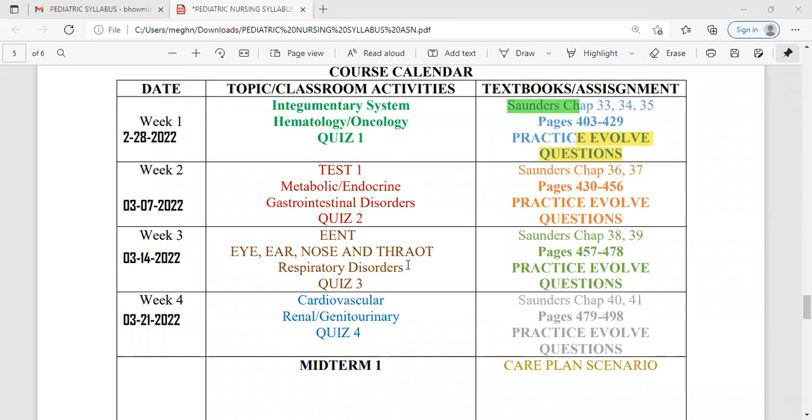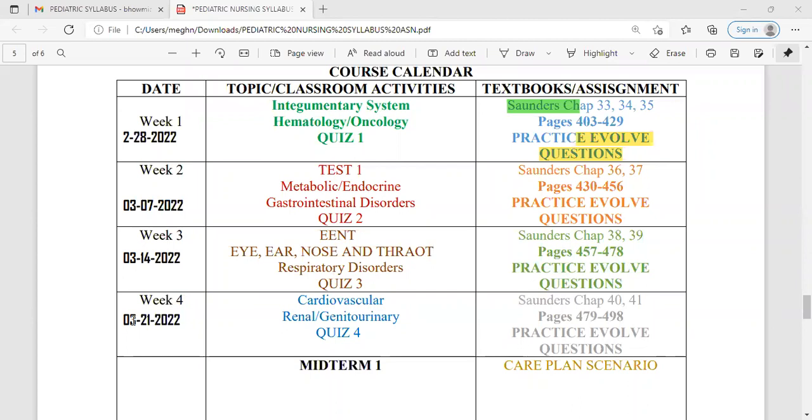So we will read it together, so it will be easy for us to read, remember, and understand. At the same time, the Saunders book chapters 38, 39, page numbers 457 to 478. And practice Evolve questions, you see. Same chapters, you have to practice from Evolve.